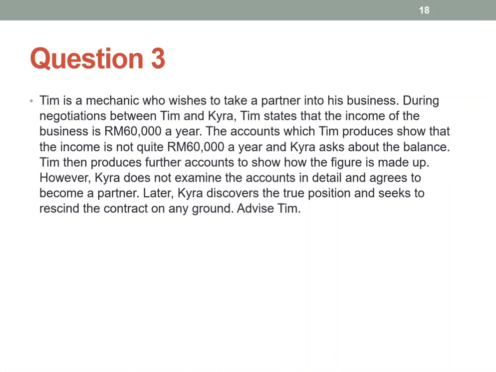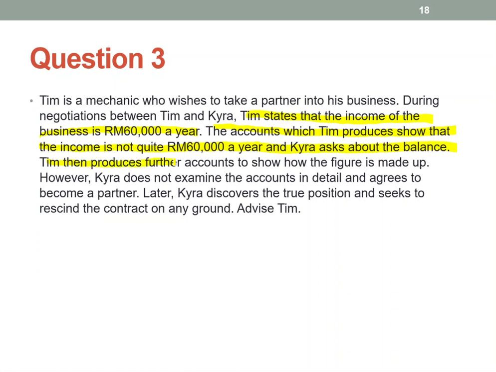Tim is a mechanic who wishes to take a partner into his business. During negotiations between Tim and Kiara, Tim states that the income of the business is 60,000 a year. The accounts which Tim produces show that the income is not quite 60,000 a year, and Kiara asks for the balance.